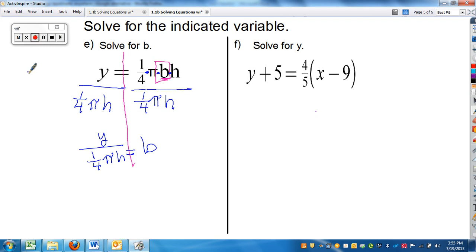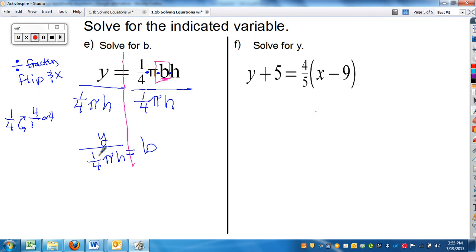Back when you learned about fractions, you learned that when you divide by a fraction, you flip and multiply. So I'm going to take 1/4, I'm going to flip it, so it's now 4/1, or 4, and then I'm going to multiply.